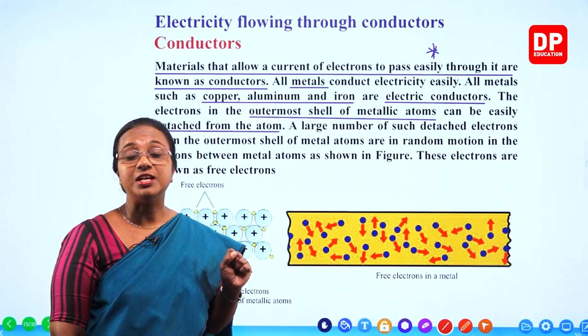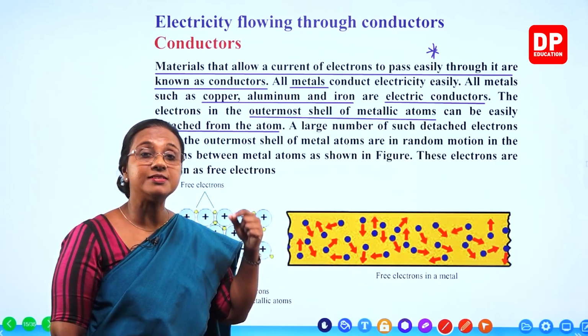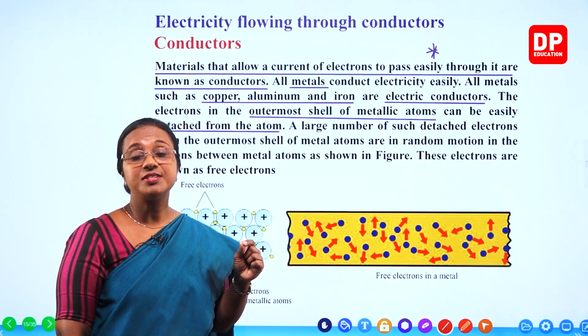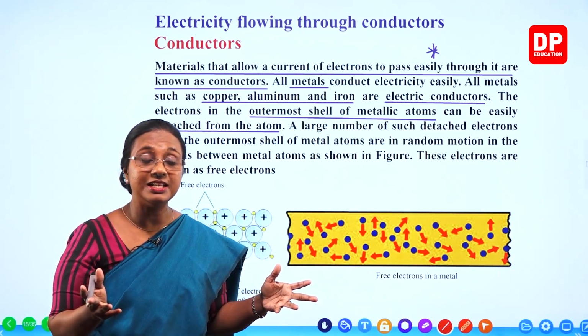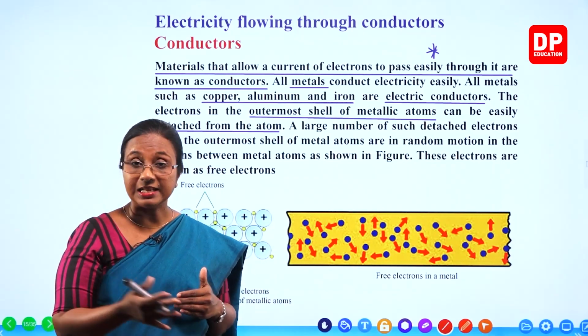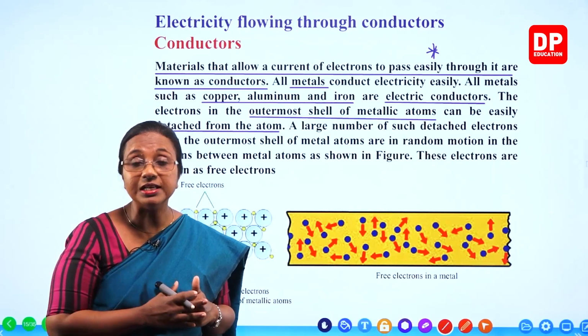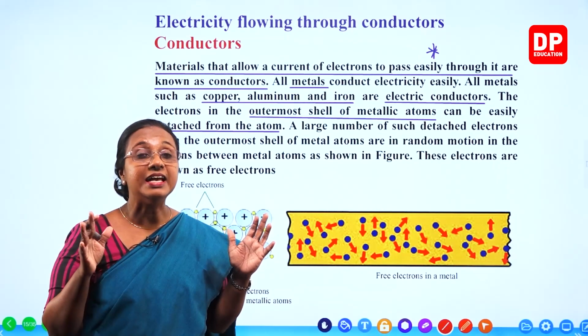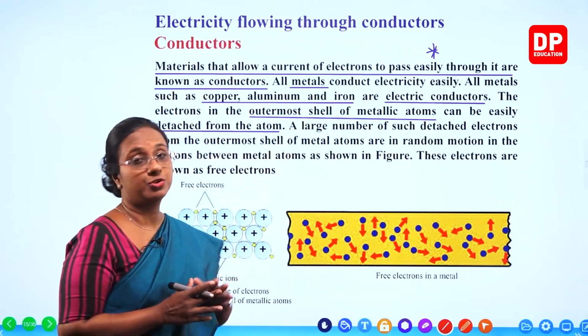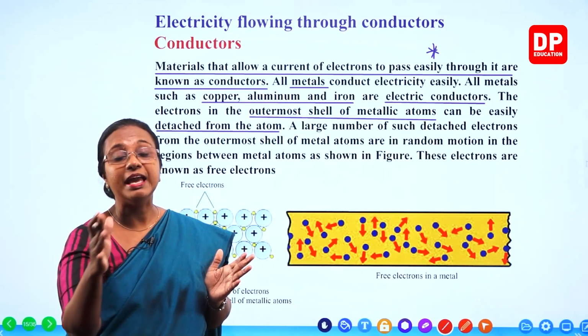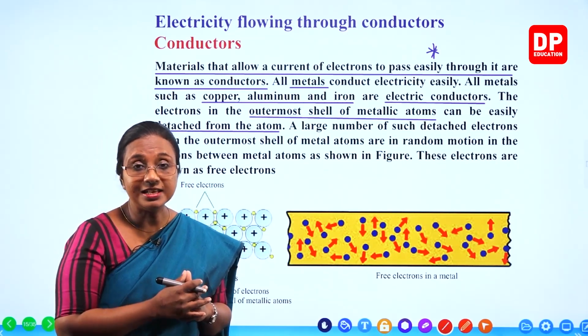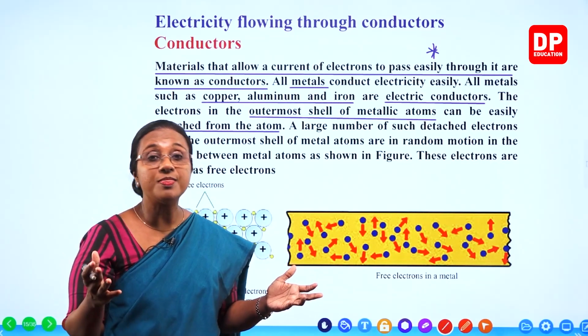In the middle you have the nucleus. Within the nucleus, protons and neutrons are confined. Around the nucleus there are shells or energy levels in which the electrons are moving around the nucleus. The electrons in the outermost shell, if we consider K, L, M, N shells, might be in the N shell, but it depends on the atom.